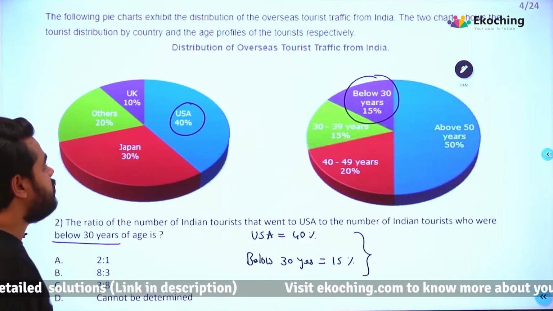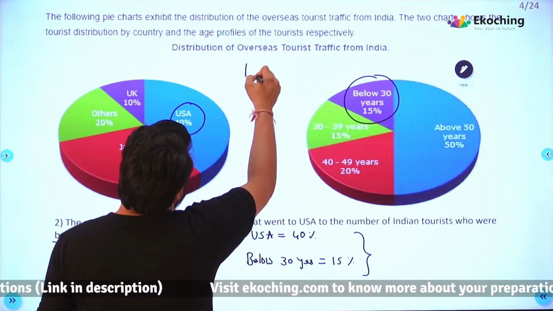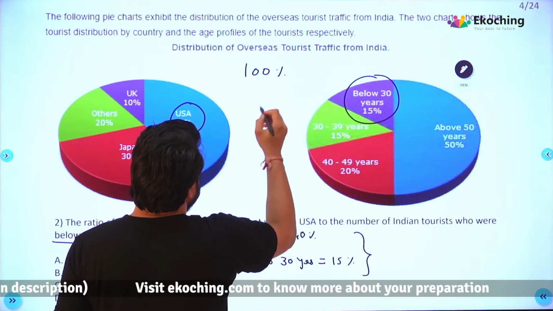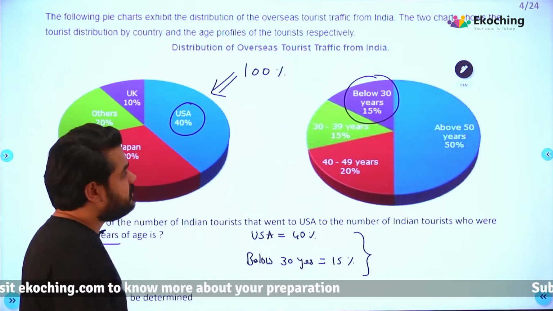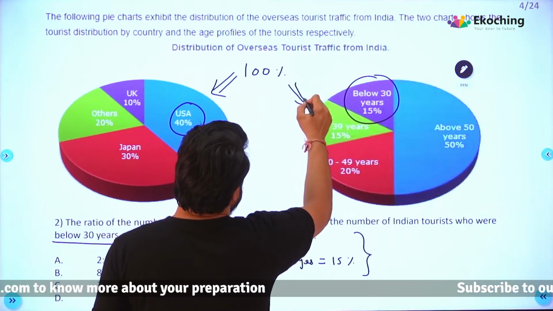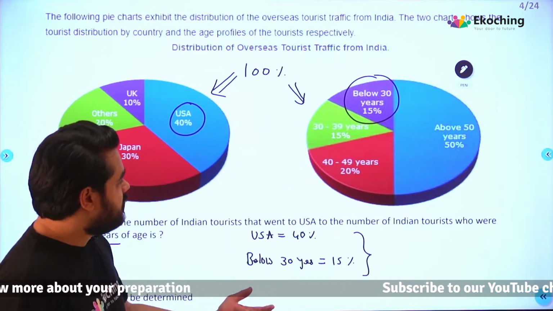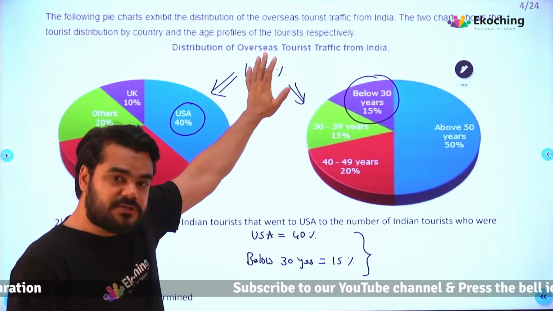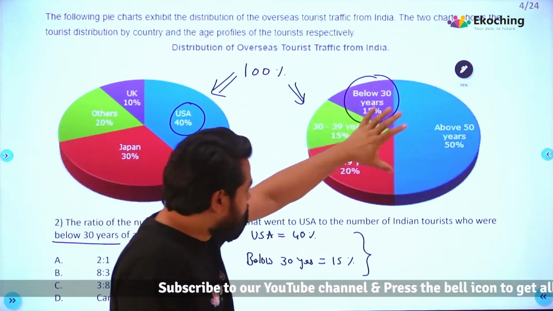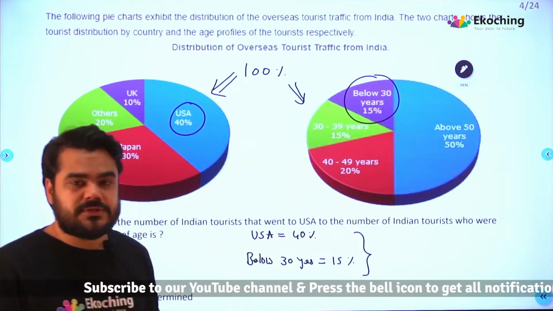So yes, why? Because if there are 100% of Indian tourists, this chart totals 100% and this chart also totals 100%. You can check. This is 40%, 10%, 20%, 30%. So this represents Indian tourists 100%. This also represents 100% of Indian tourists.